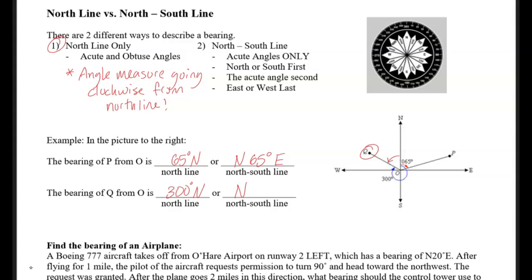Well, we know that from this north line all the way around was 300, and a full circle is 360 degrees. So all that's left over here is 60 degrees. So that's a 60-degree angle measure. So from the north line is 60 degrees, and we went north to west. So it's north 60 degrees west, you would say.